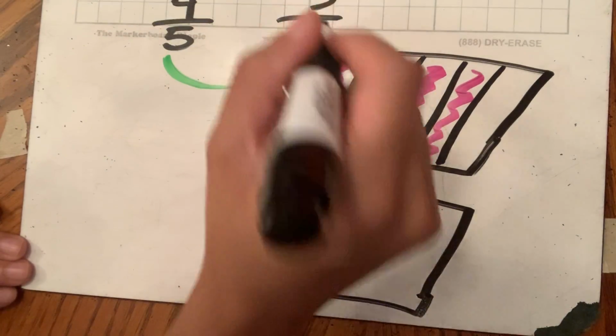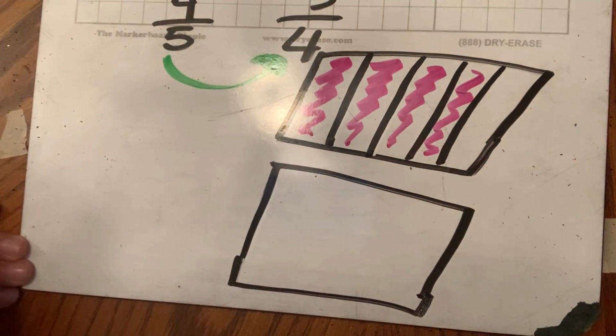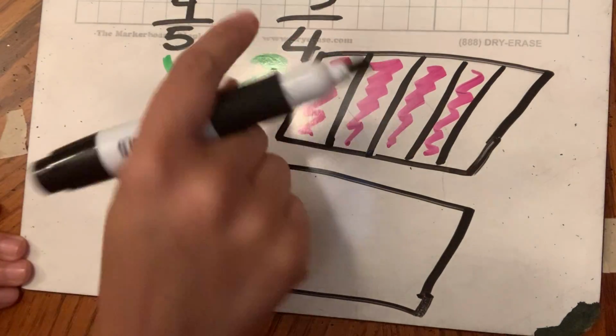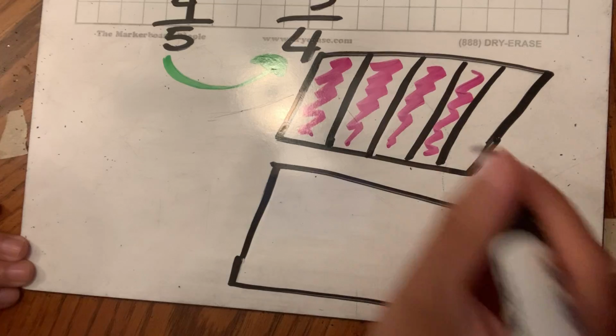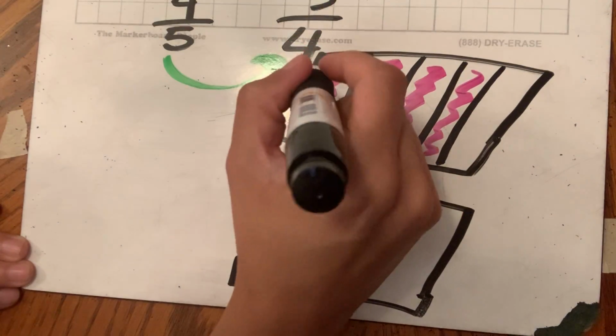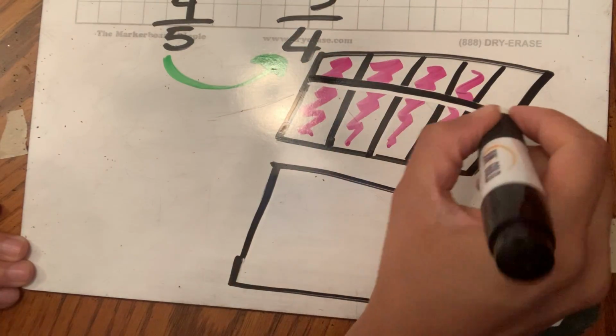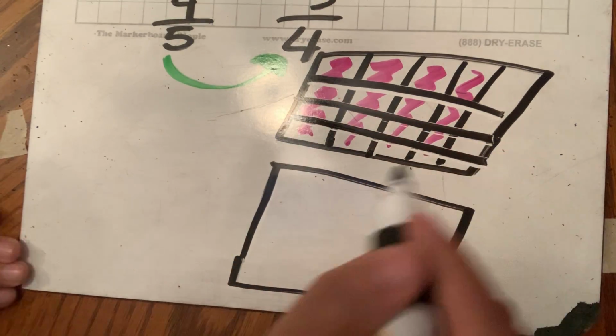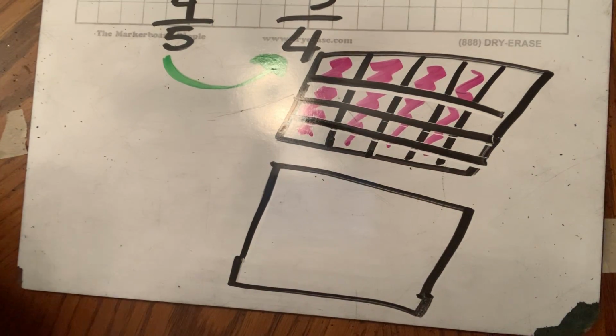So I know that I have to decompose it by 4ths because that's the denominator of the other fraction. So I'm going to go ahead and do that. So I'll make here 4s. 1, 2, 3, 4. Did Miss Martinez do that?